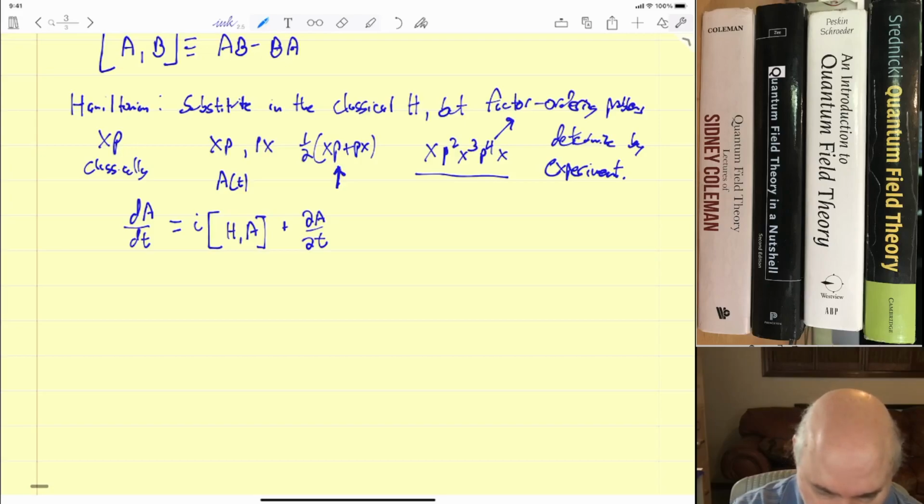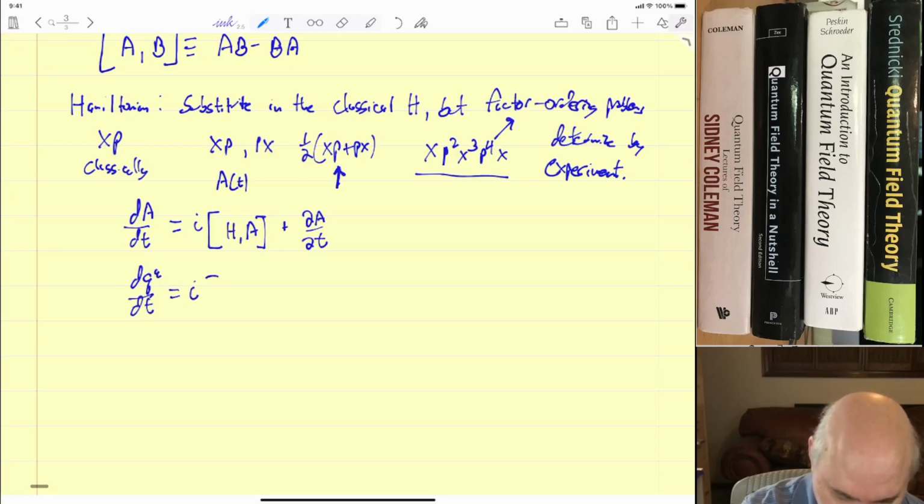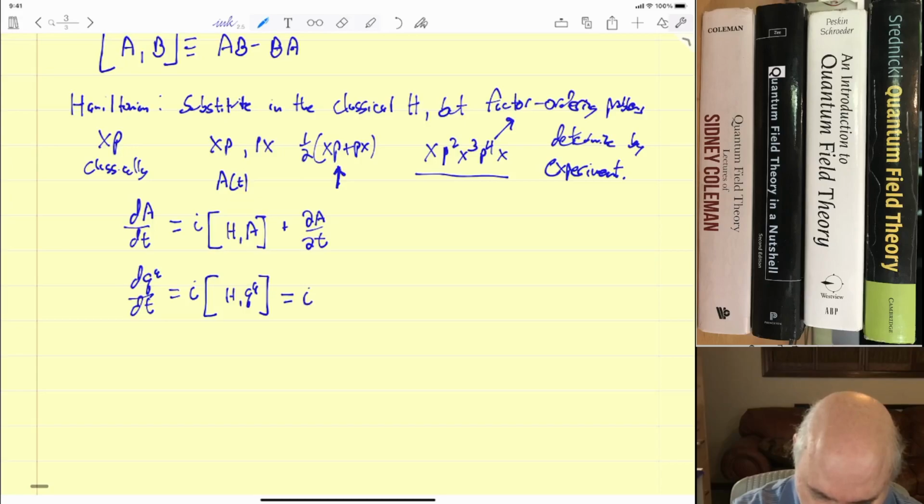So let's just see what this leads to if we substitute just our basic variables. For instance, dq_a/dt is equal to i[H, q_a]. There's no explicit time dependence in our variable here.